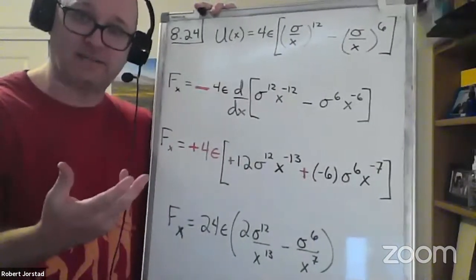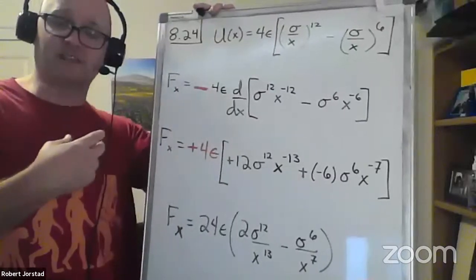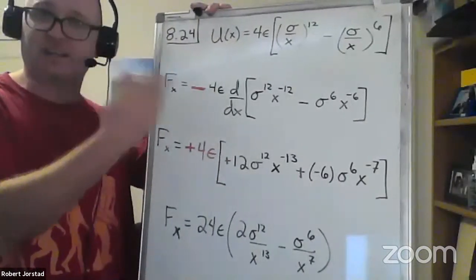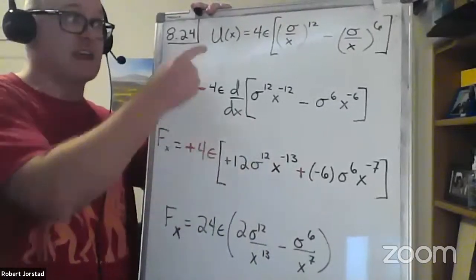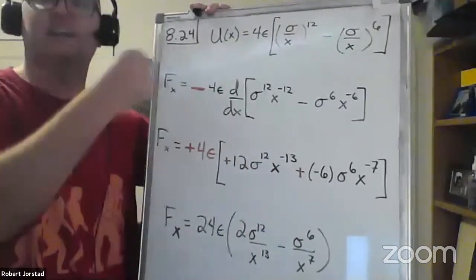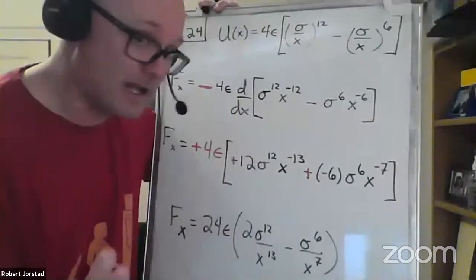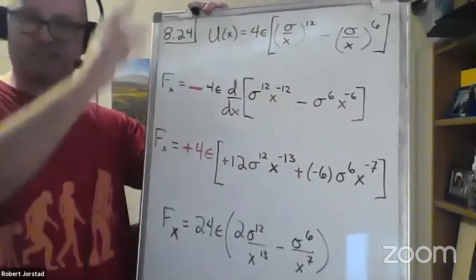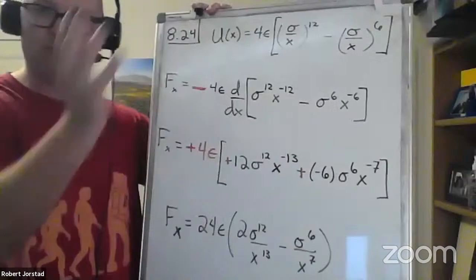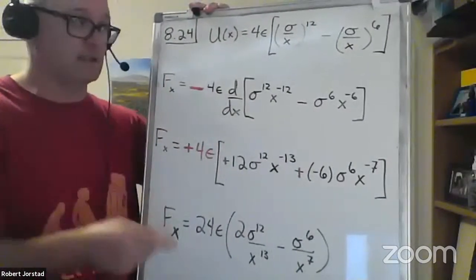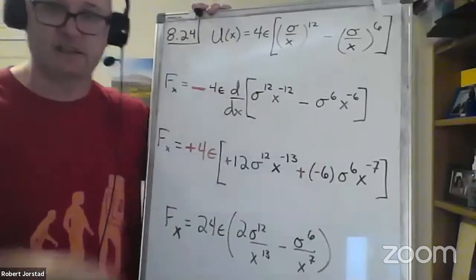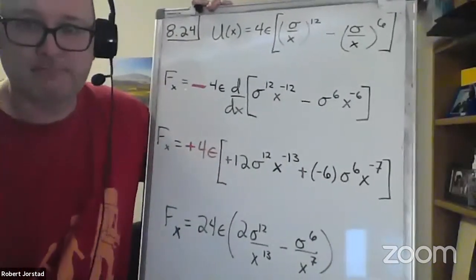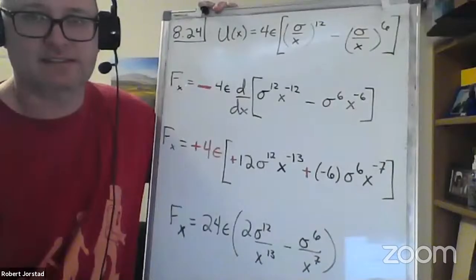At the beginning, I was saying you could use a force to get acceleration and use kinematics. Now we see that you could use an energy equation to get a force, to get acceleration, to do kinematics as well. All of these subjects are interrelated, and you can go back and forth. If we know about kinematics, we could get the force and then do an integral to get the potential in certain cases. It's all related. I think that's kind of cool. I hope you do too.